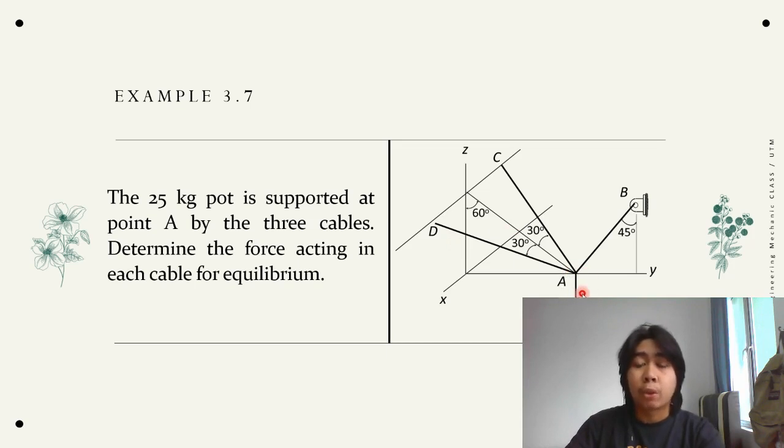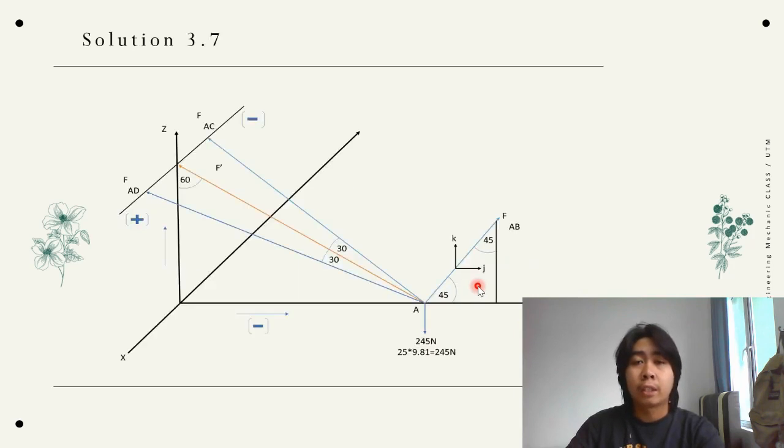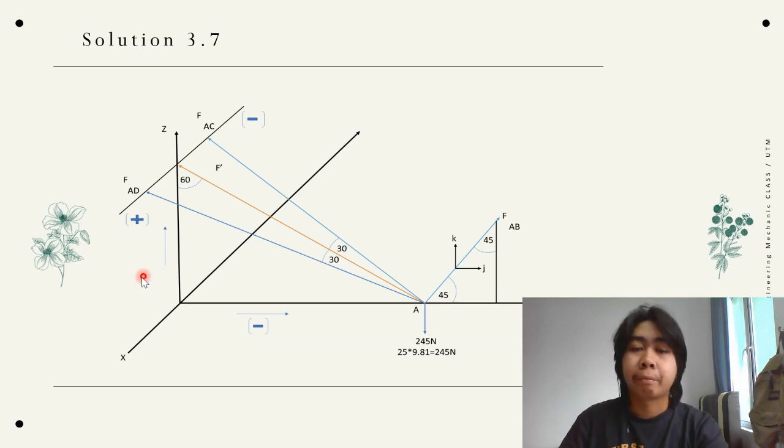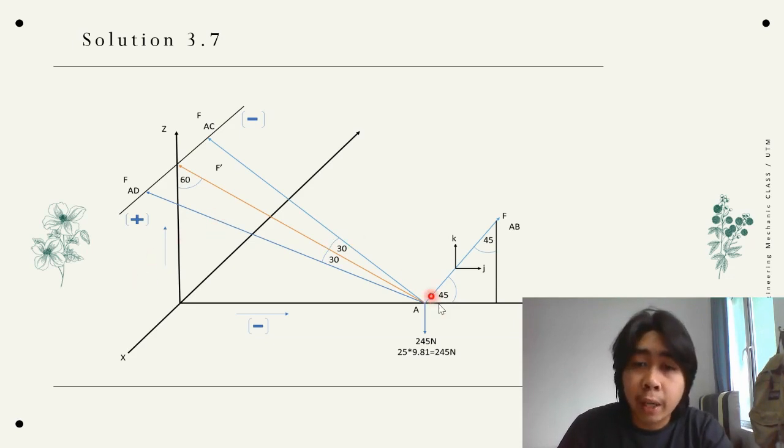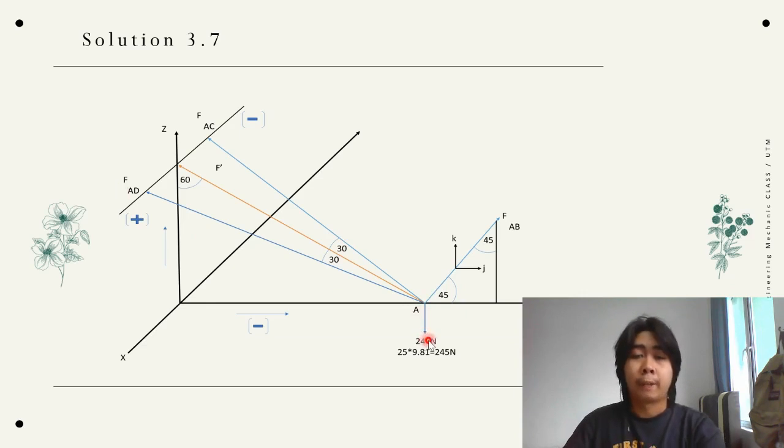Now to get a better understanding of this illustration, it is a must that we draw a free body diagram. On the next slide, this is the free body diagram. In this diagram, the forces acting upon point A are force AB, force AC, force AD, and the 25 kilogram pot.